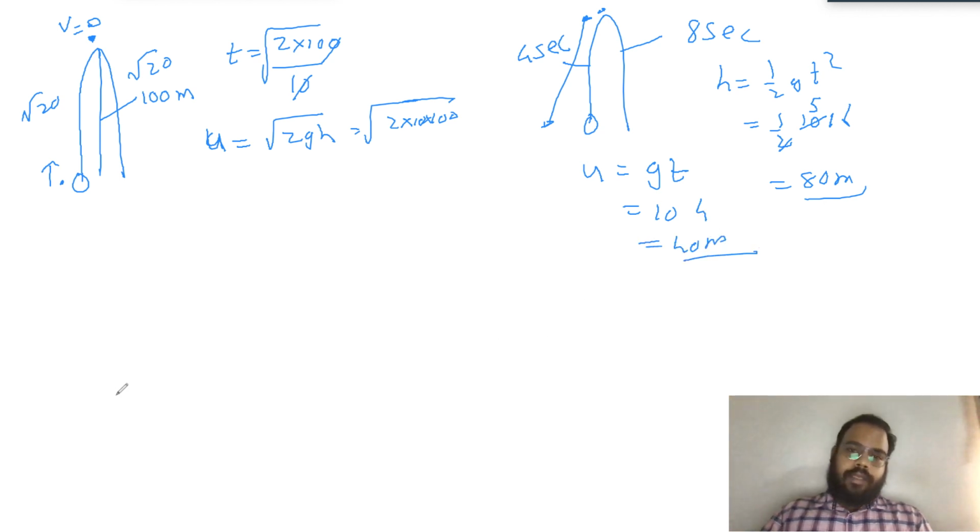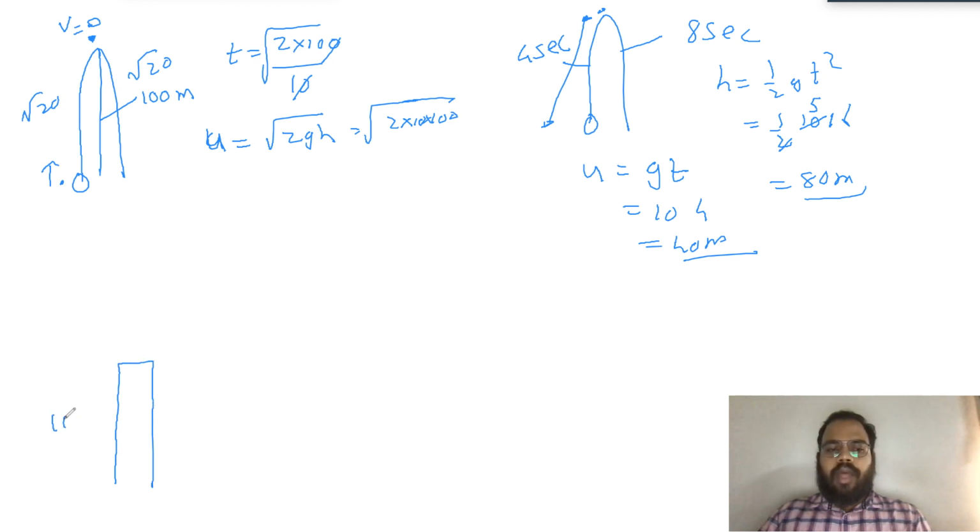Now let's take a good sum and see if we can solve this. The sum is: a man is standing on the top of a tower. The height of the tower is 100 meters. The man throws a ball upwards with velocity 20 meters per second.